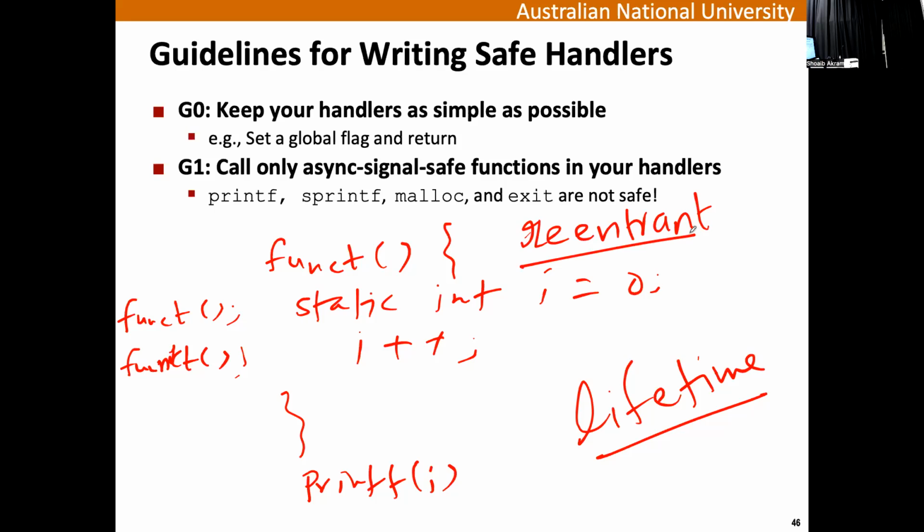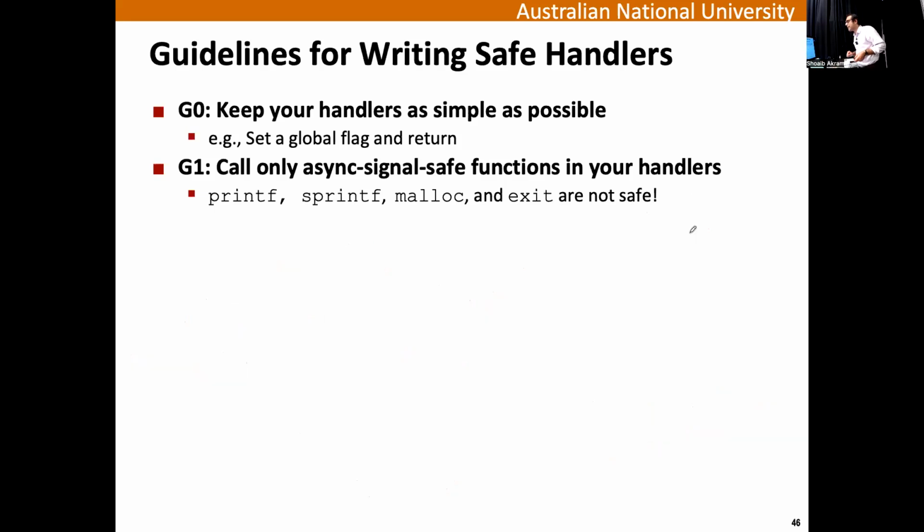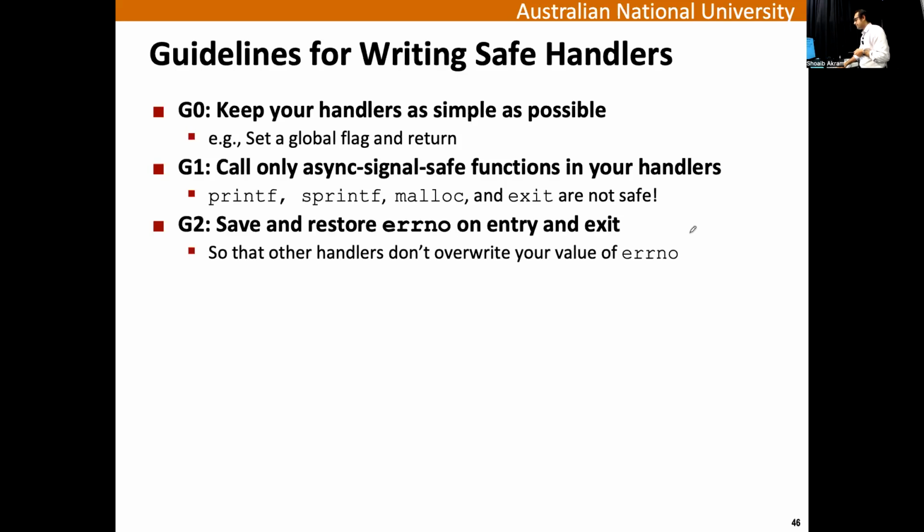So these functions that do not use static variables are safe to call in signal handlers because they don't have any state across two calls. If you have state, then different things can happen. If there's another signal, and that handler calls the same function, you can end up with different problems.